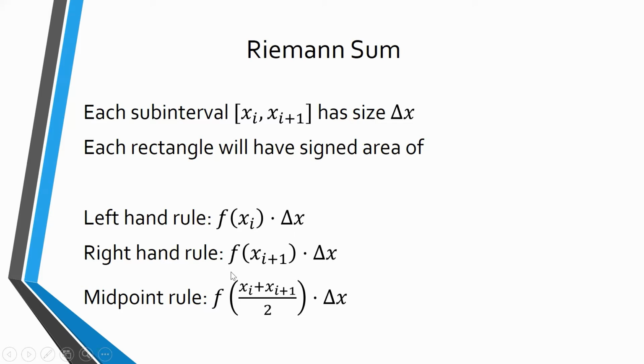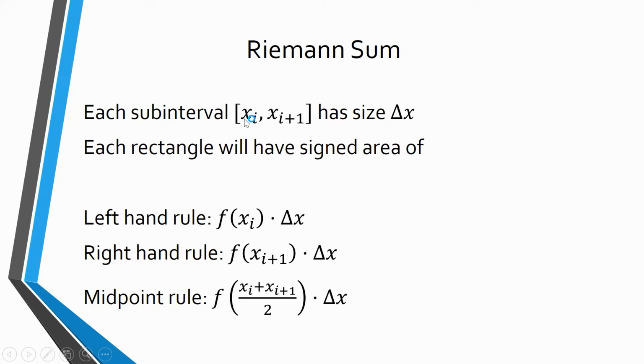If we're using the right-hand rule, we use the right-hand values of our subintervals, and then plug those into our function while multiplying times delta x. The midpoint rule is plugging in the midpoint of each subinterval into our function and multiplying times delta x.